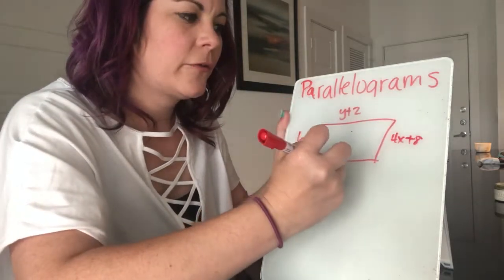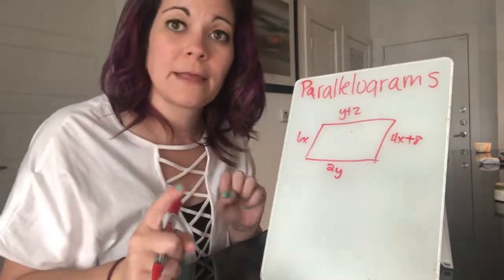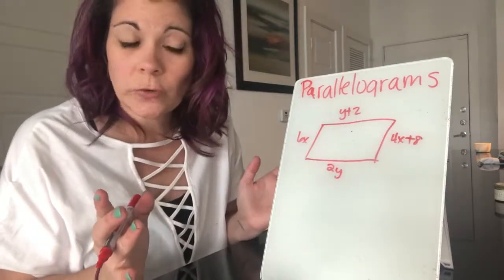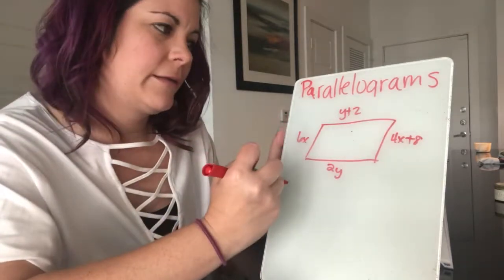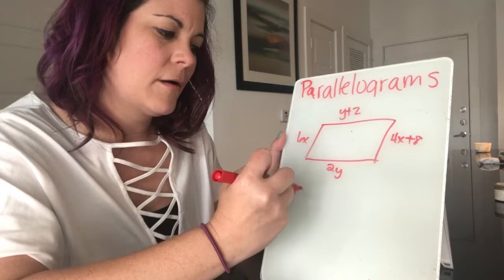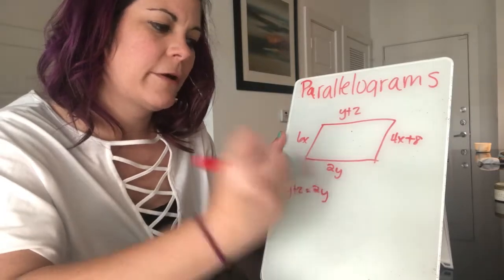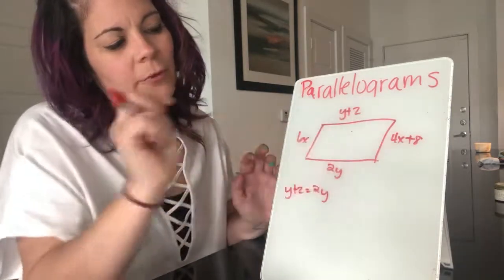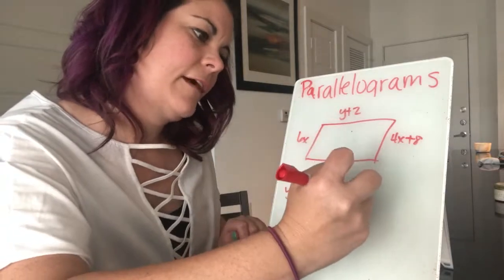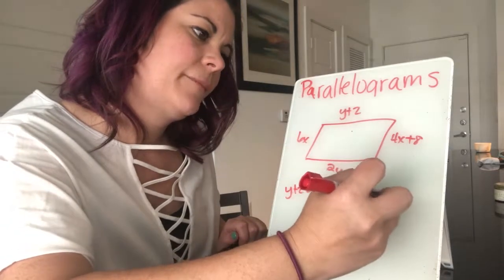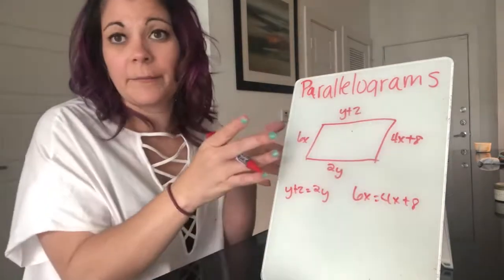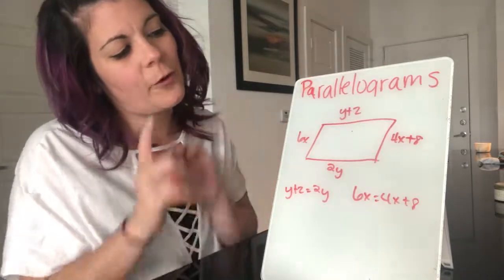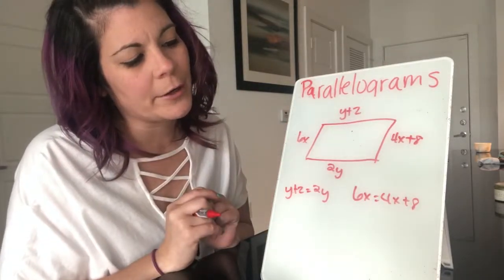So we can use the theorem that opposite sides of a parallelogram are congruent. Then we can set these up. Y plus 2 equals 2y, and 6x equals 4x plus 8. Because we know that this is a parallelogram, I'm telling you it is, opposite sides are congruent.